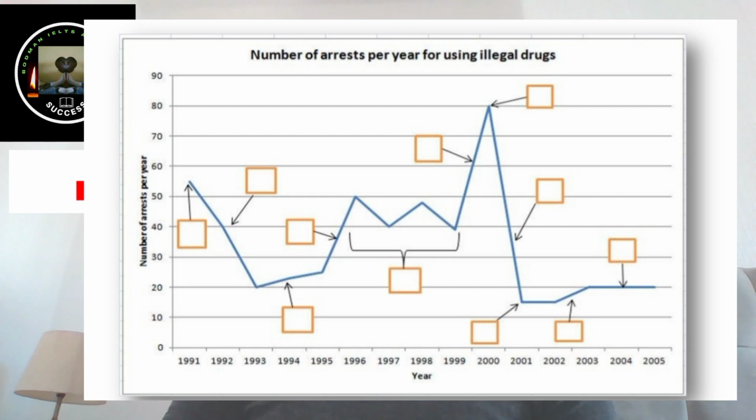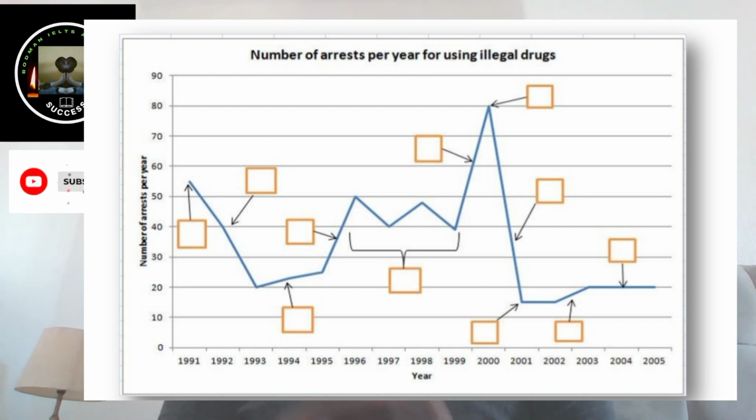For example, if you look at this line graph, look at 1, 2, 3, 4, 5, 6, 7, the seventh yellow box. You can see that that is the highest point on the whole graph. That is the peak. You can say the number of arrests peaked at 80 in year 2000. If you look under the yellow box, you can see that it's at year 2000. The number peaked at 80. So when you use peaked at, the figure will follow.